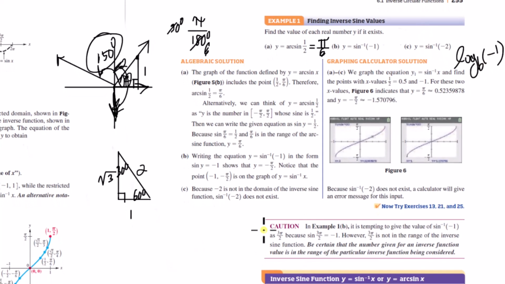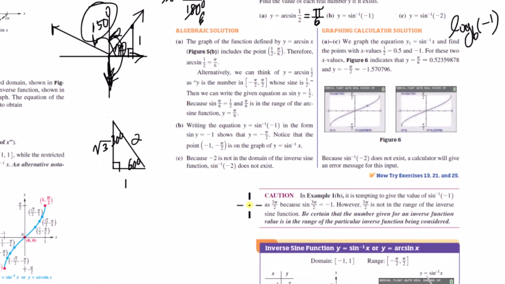Here it says in example 1b, it is tempting to give the value of the inverse sine of -1 as 3 pi over 2. Yeah, because we know that's the negative vertical, whenever the radius is equal to the y value in the negative direction.